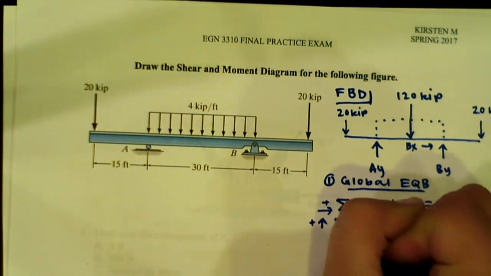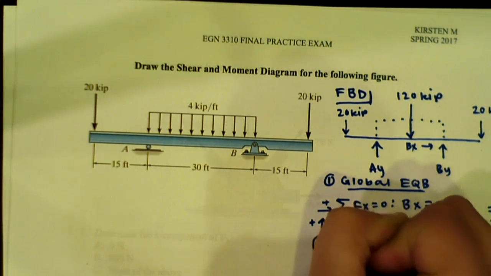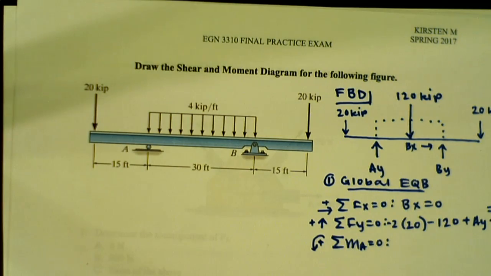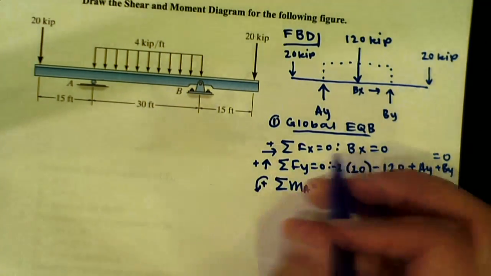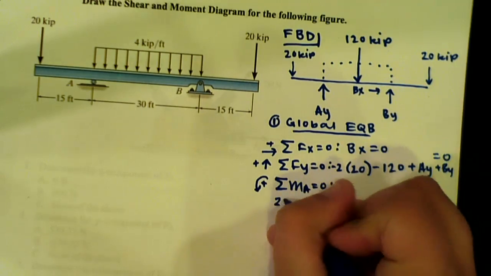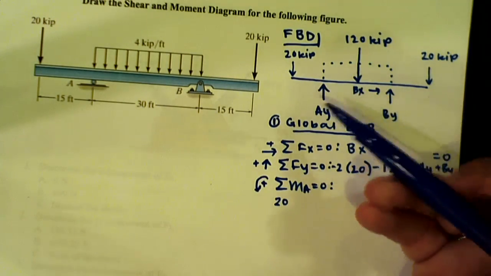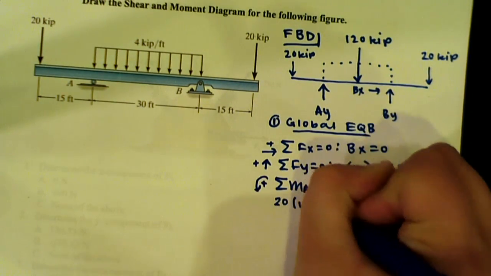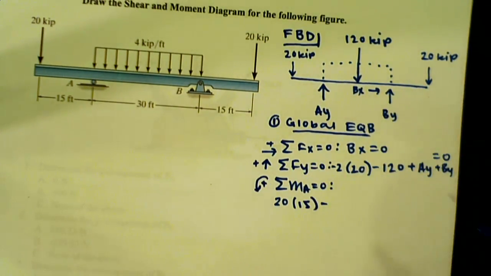So in order to do that, we'll just take the moment about point A, assuming that counterclockwise is positive. So taking our 20 kip force, we know that our perpendicular distance from A is 15 feet, and that it creates a counterclockwise moment. Now we have our 120, and looking at A, it makes it go in a clockwise direction, so it's going to be negative.